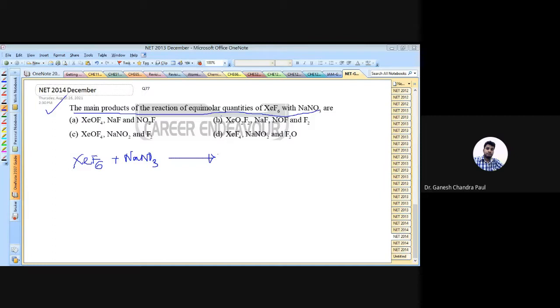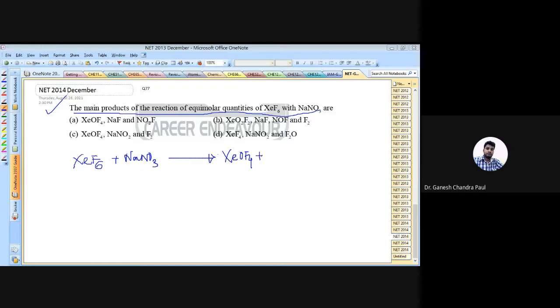Yesterday we already talked about the acidity order of some xenon fluorides and xenon oxofluorides, right? That reaction is involved when dry sodium nitrate is treated with xenon hexafluoride in a stainless steel apparatus at 70 degrees centigrade. In that book it is clearly written. It will provide one important xenon oxofluoride, XeOF4.